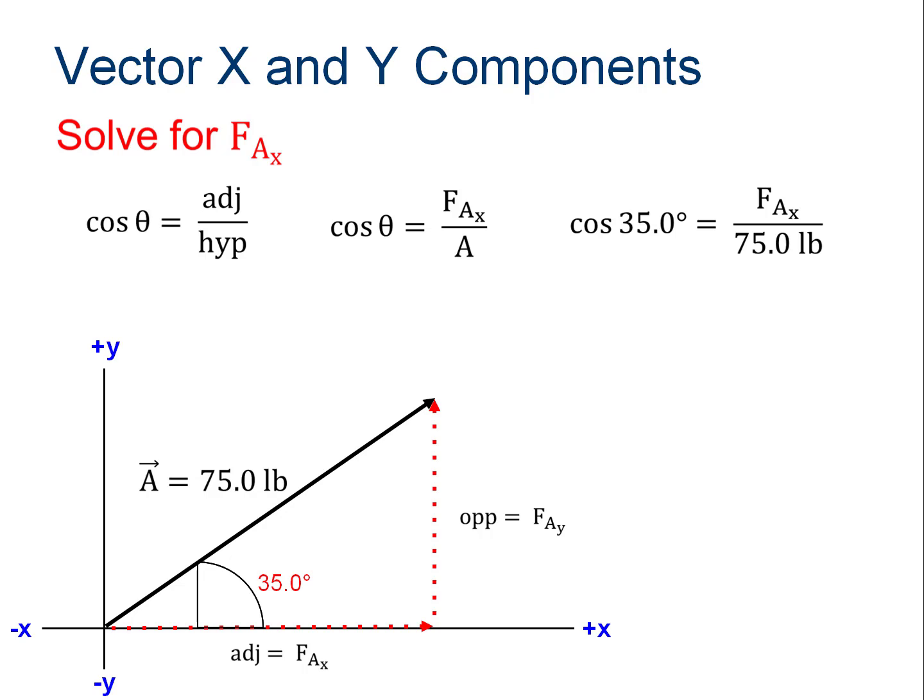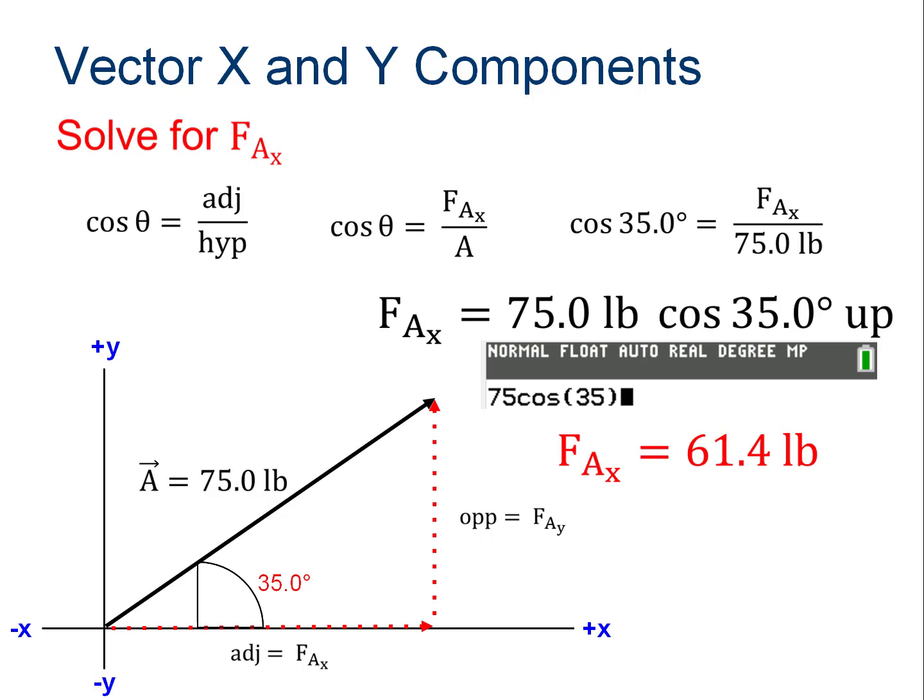Now as you remember, the relationship there is the cosine of theta is equal to the adjacent divided by the hypotenuse. I can solve that for f(a)x, and I get the hypotenuse, 75 pounds, times the cosine of 35. And that should be right. 61.4 pounds to the right.